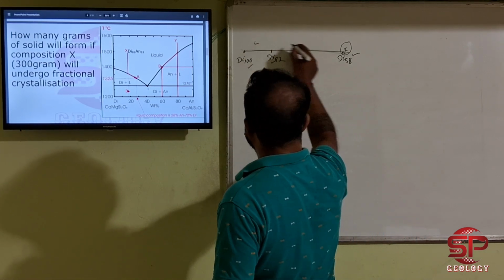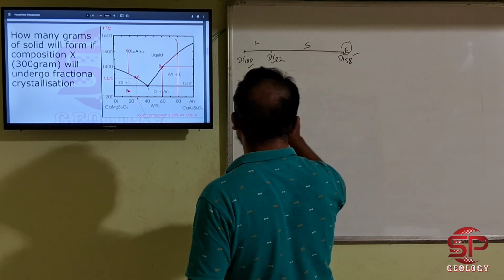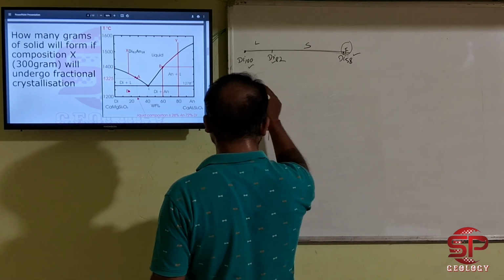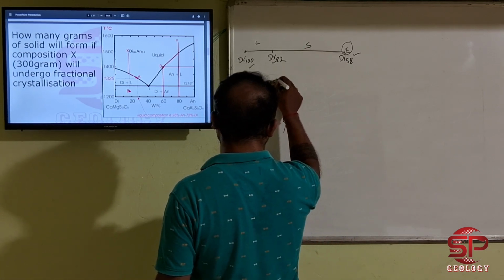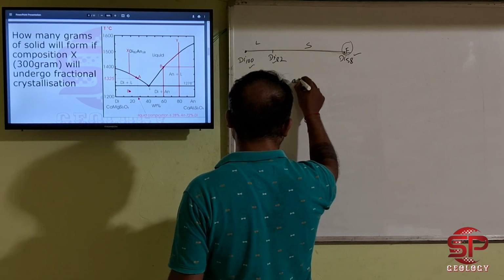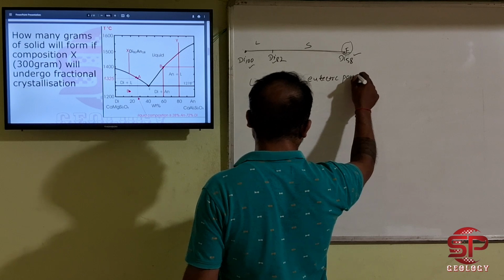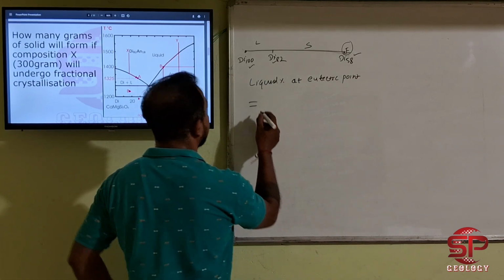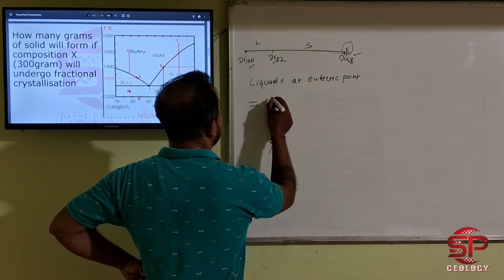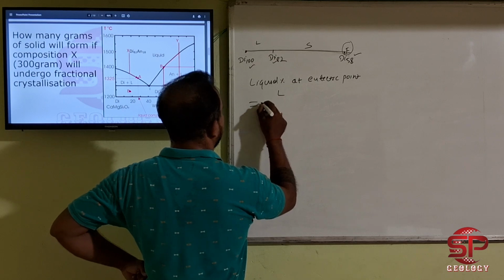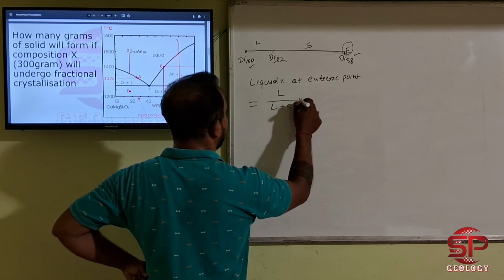So this will be your liquid segment, this is the solid segment. So I have to calculate the liquid percentage. The liquid percentage at the eutectic point will be liquid by liquid plus solid into 100.